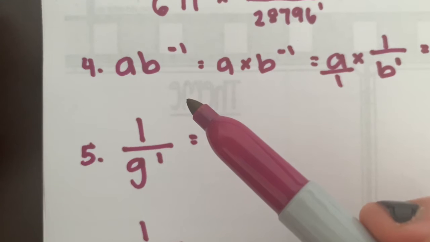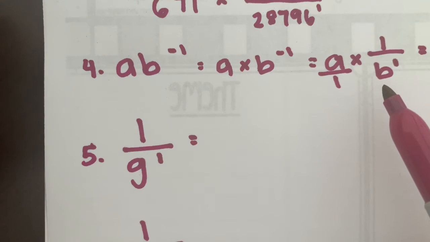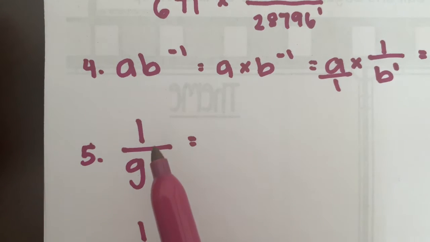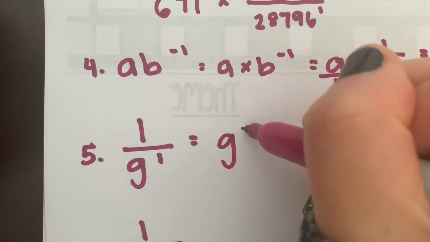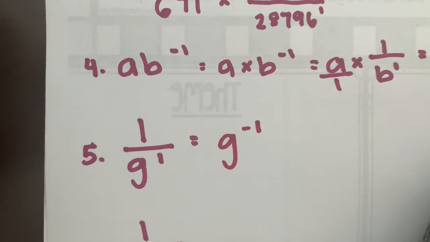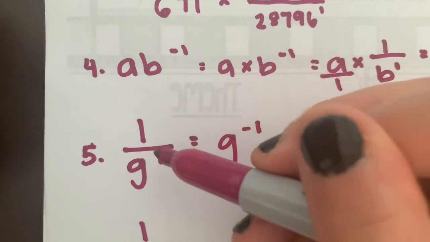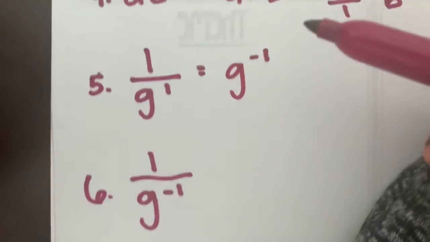We did 1 over b to the first power in this one, right? So this said 1 over g to the first power. If we wrote it a different way, it would be g to the negative 1, right? 1 over g to the first power equals g to the negative 1.